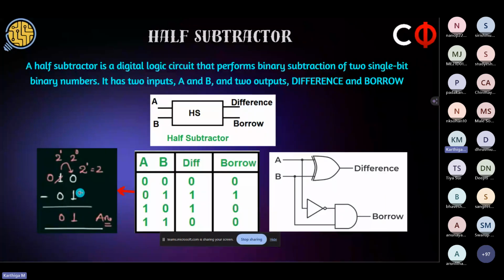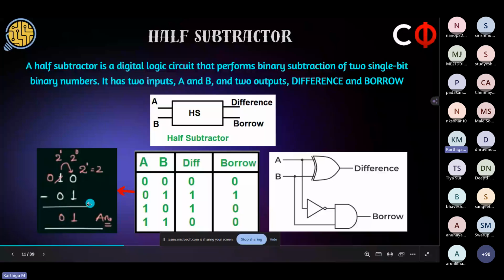When you strike off this 1 and take a carry from the next digit, you're actually bringing in a value of 2 from the next digit to the single digit. It's similar to decimal subtraction.